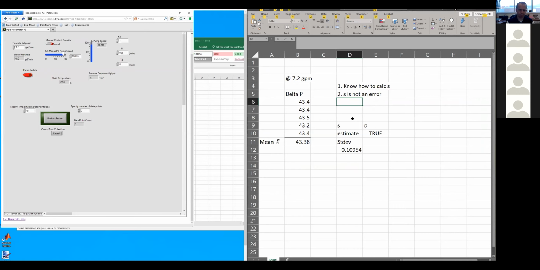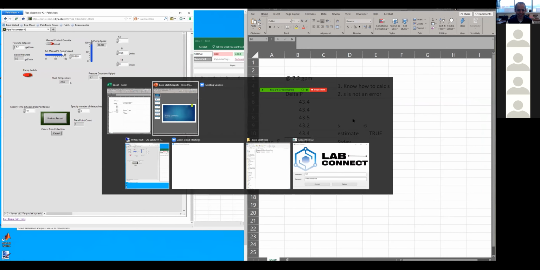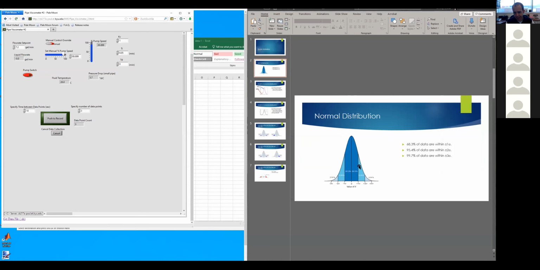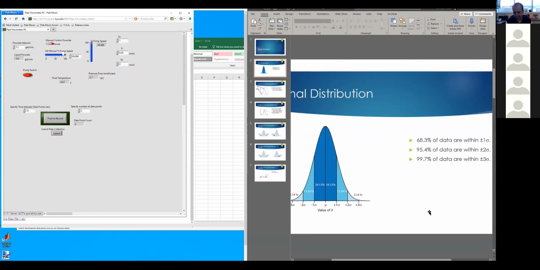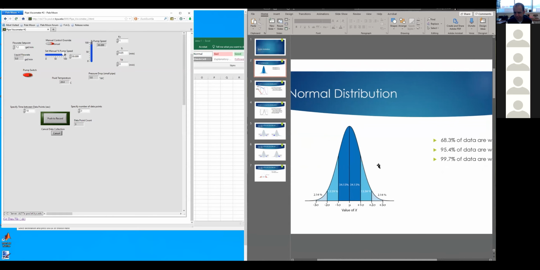But sometimes people say, oh, I want to do plus or minus 2 sigma. And I think that comes from an improper understanding that we kind of see here. We know that plus or minus 1 sigma is like 68%. If I did 1,000 experiments, 683 of them would give me values between plus or minus 1 sigma from the average.